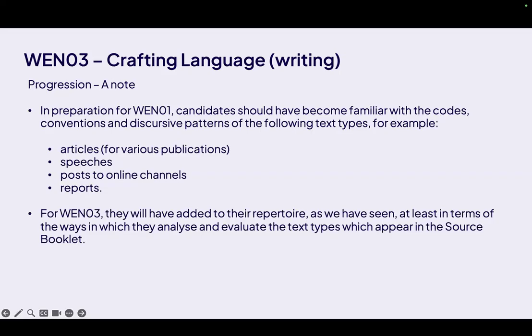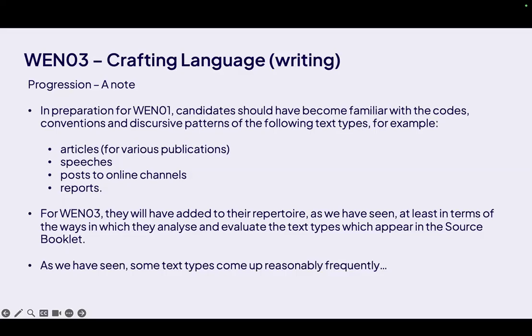What they do for paper 3 is add to the repertoire in terms of the ways that they can analyse and evaluate these text types which appear in the source booklet. So it's that natural progression: what they did in paper 1 is now in more detail, where they have to analyse it and evaluate it.